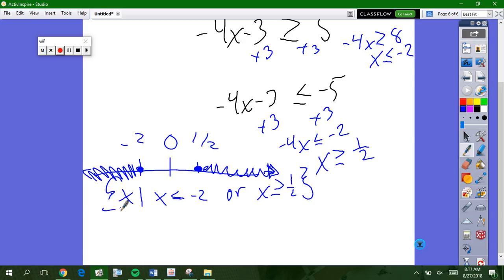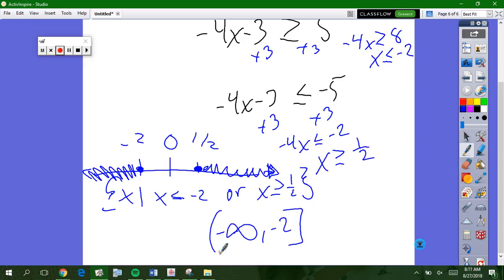What would be our interval notation? Hopefully I'm not going too fast, guys. I'm not trying to, so if I am, please slow me down. What would be our interval? How far left do we start? Negative infinity. How far do we go? Negative 2 is where we stop. Is it a bracket or a parenthesis?